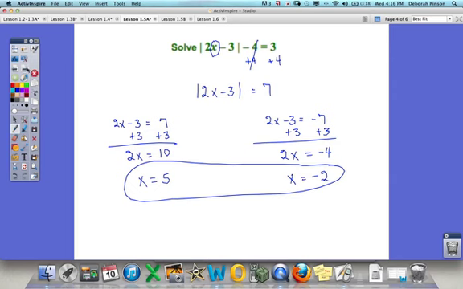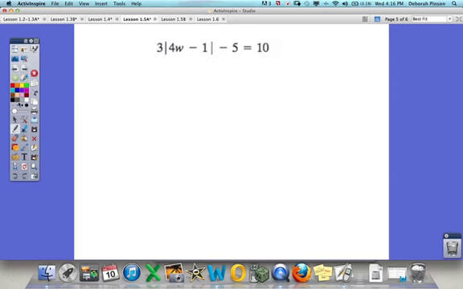Okay, let's do one more of these before we look at our weird situation. Now this time I've got two things that are not inside the absolute value that are on this side of the equal sign. So I need to get rid of both of those. So I'm going to start by adding my 5. So that'll leave me with 3 times the absolute value of 4y minus 1.